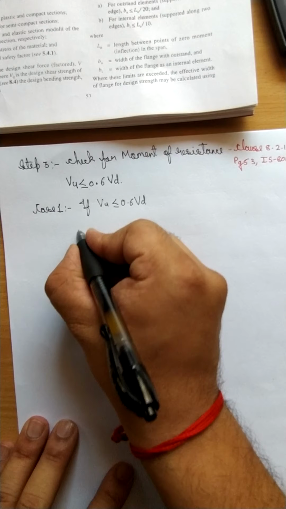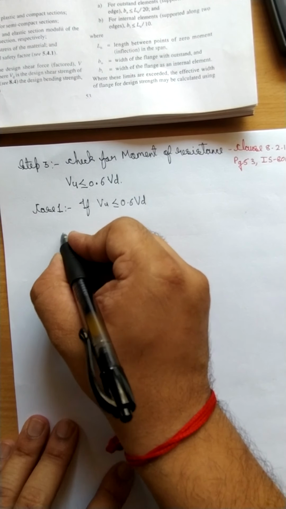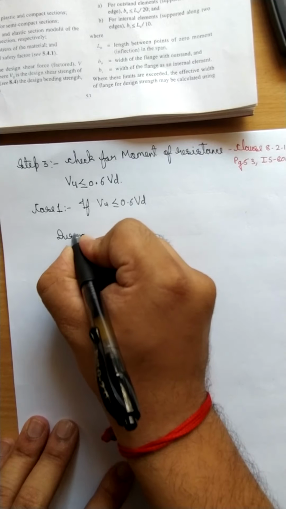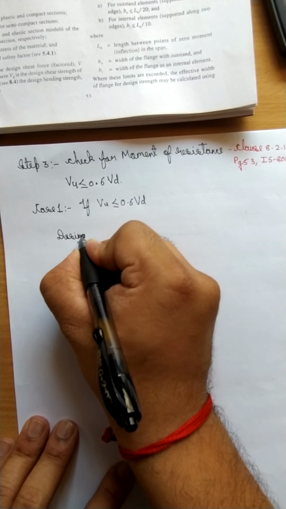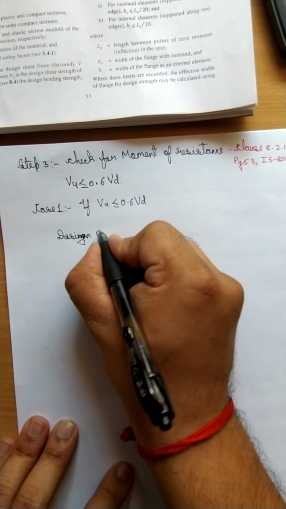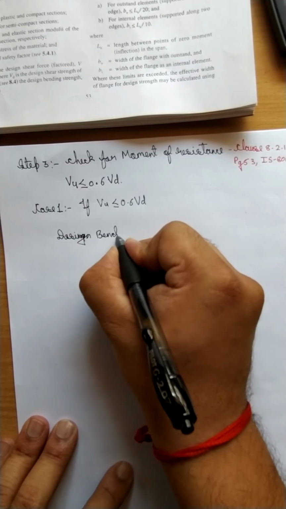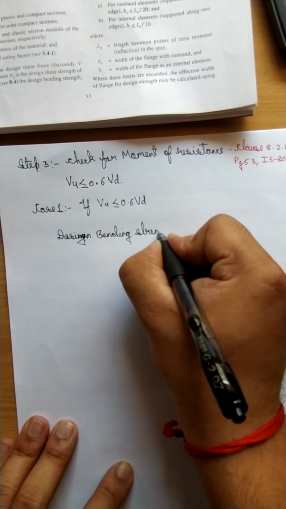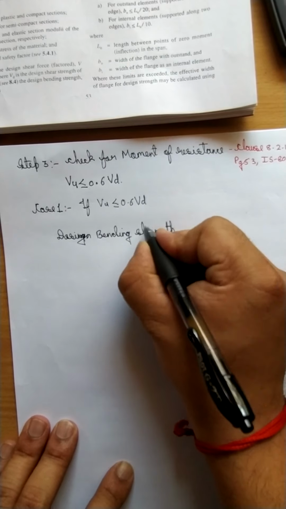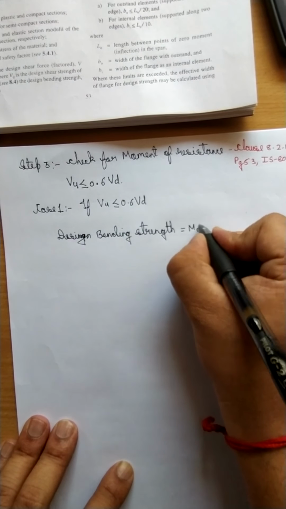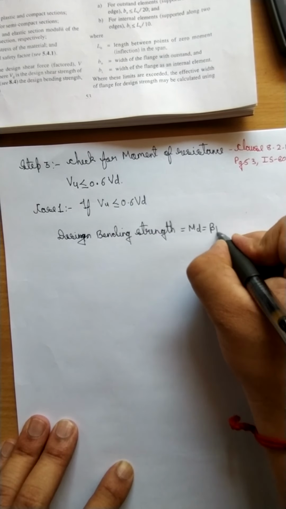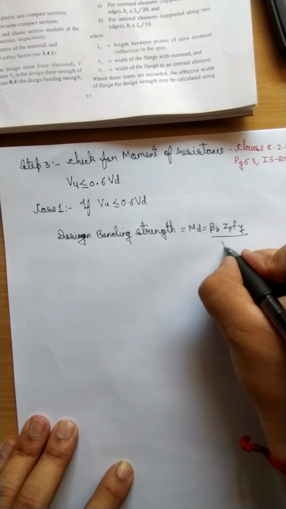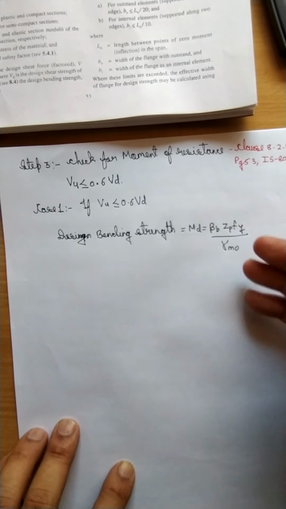So the formula is design bending strength is nothing but MD is equal to beta B ZP Fy divided by gamma m naught.